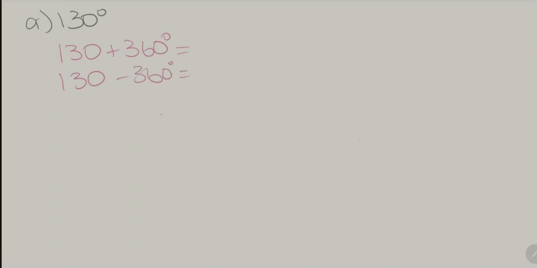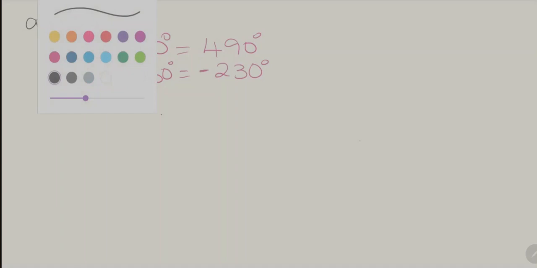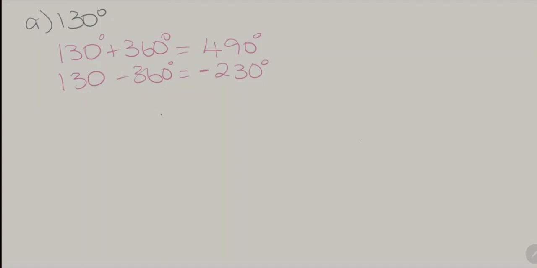So 130 plus 360 is 490. And 130 minus 360 is going to be minus 230. So they are coterminal angles, but we just need to draw them to make sure.